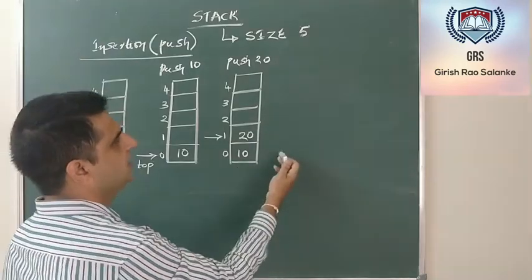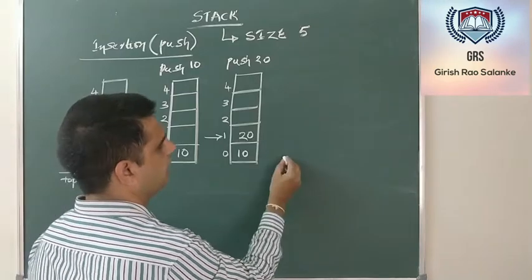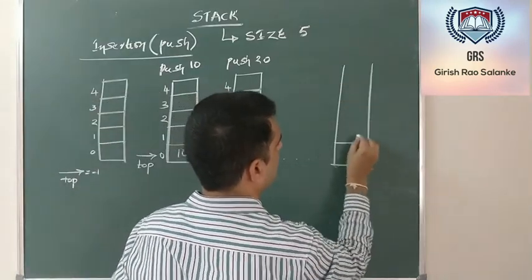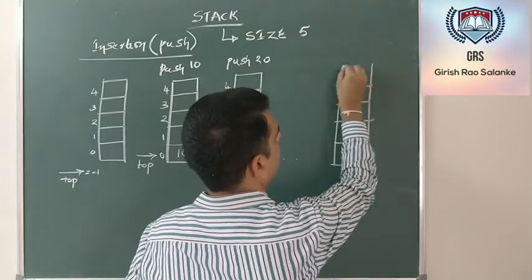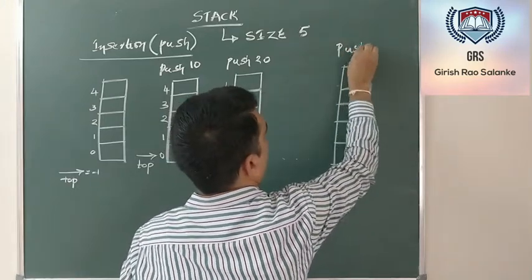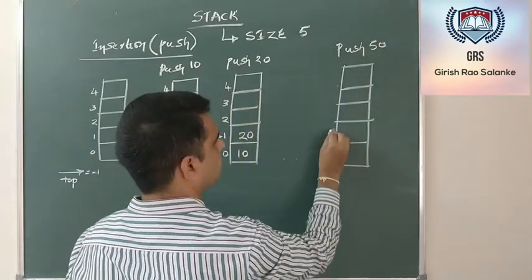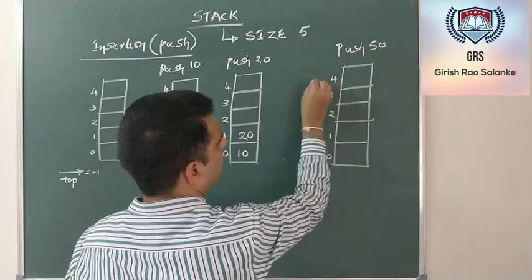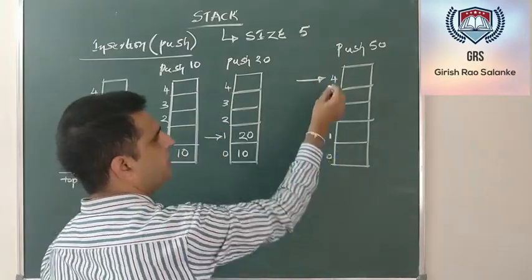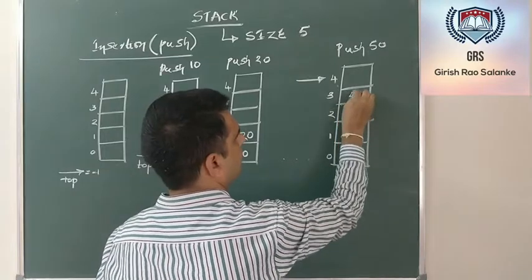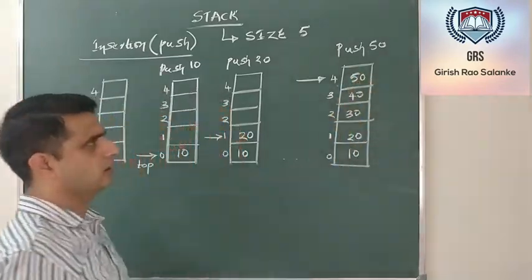Similarly, I can push 30, 40, and so on. Now assume that on pushing 50 onto my stack, my stack will look something like this. My top will be pointing to 4, and these are my elements onto my stack.